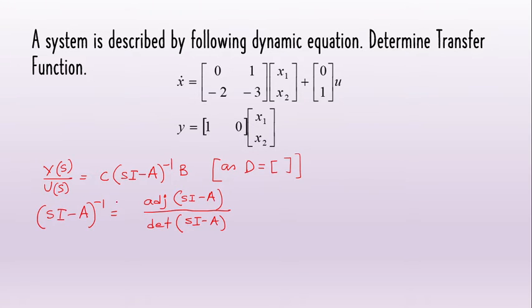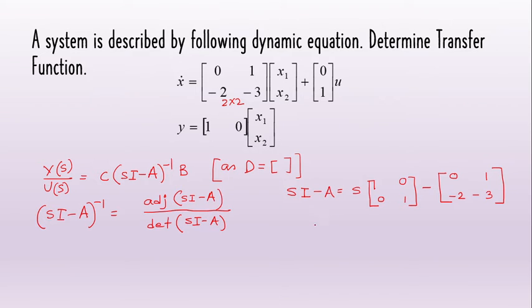Now I am just telling you how to get the adjoint of a 2 cross 2 matrix. It will be a 2 cross 2 matrix, because if you take sI minus A, that means s into the identity matrix, and as A is a 2 cross 2 matrix, you take the identity matrix as 2 cross 2 where the diagonal elements are 1, minus A. A means 0, 1, minus 2 and minus 3.